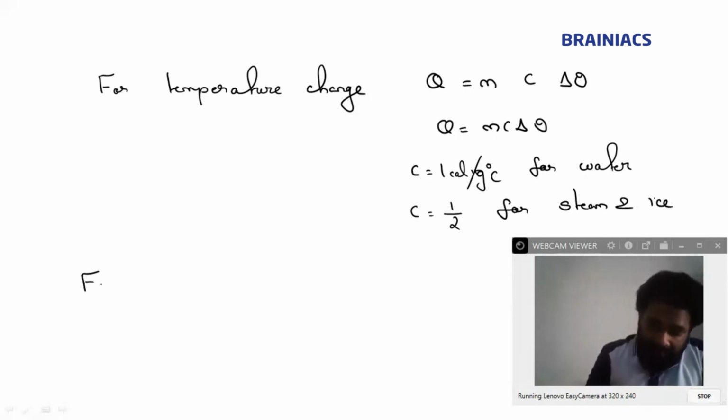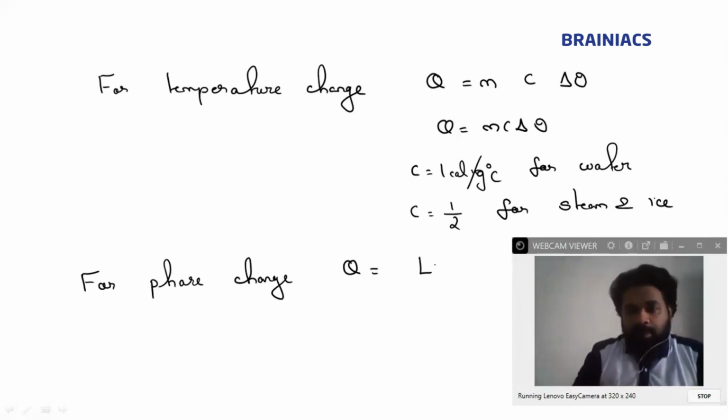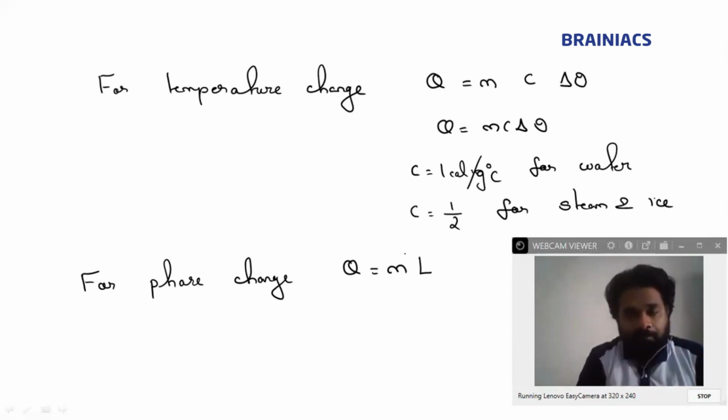Now, for phase change, the formula which we use is what? The heat required is the latent heat. What is latent heat? The heat required to change the phase for 1 unit mass is L. Now for m mass, we multiply with m.